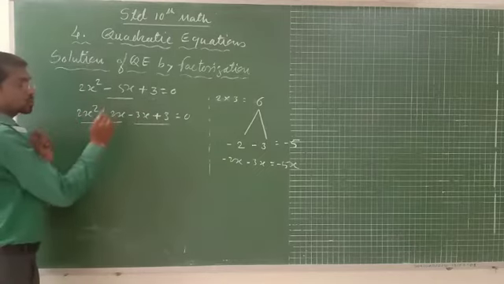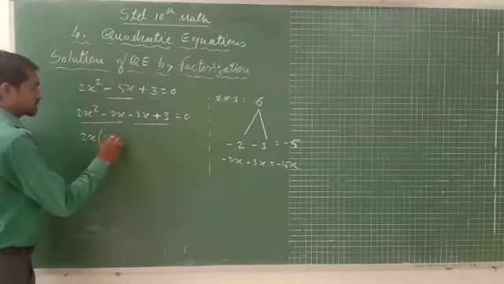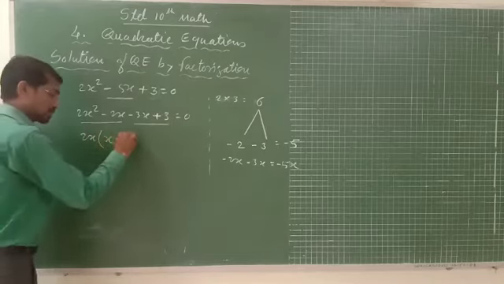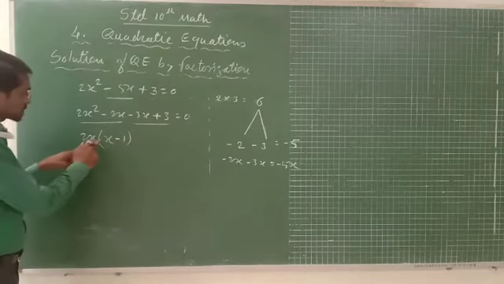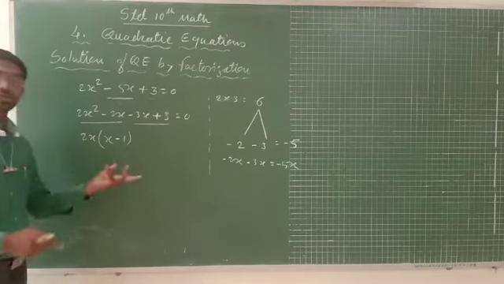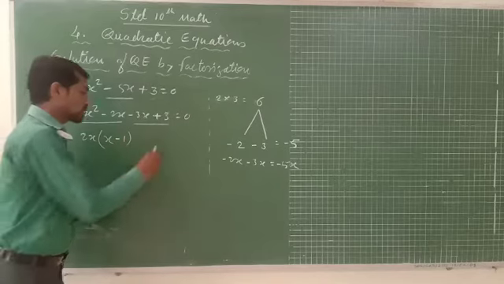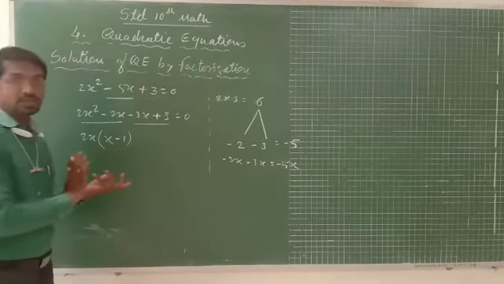Now again, regrouping the terms. 2x square minus 2x, what's common here? 2x is common. Remaining is x minus 1. Okay, check. 2x into x, 2x square. 2x into -1, minus 2x. Simple thing. Again, what is common here? Mind that whatever bracket comes here should be the same as this x minus 1.